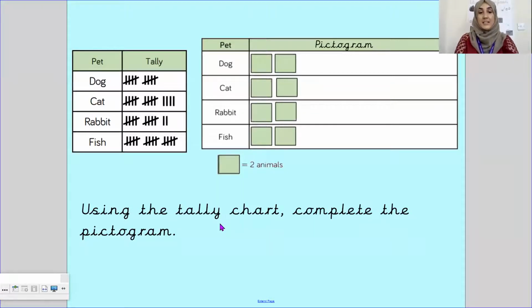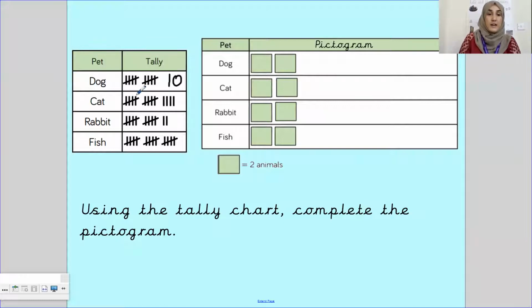It says, using the tally chart, so this tally chart over here, complete the pictogram. First, let's count how many dogs there are all together. I know that's 5 because it's got a line through it, so I don't need to count 1, 2, 3, 4, 5. 5 and 5 more, so together that makes 10.